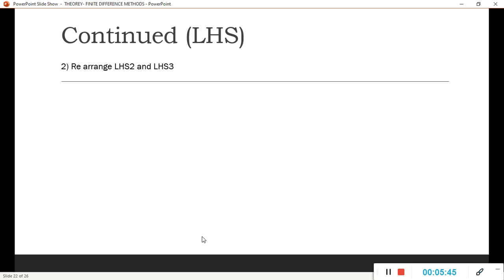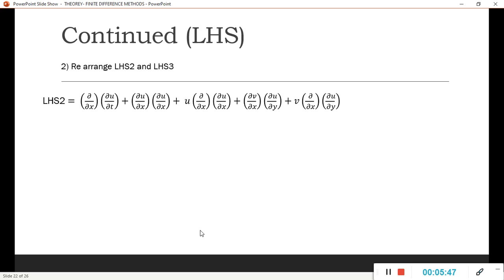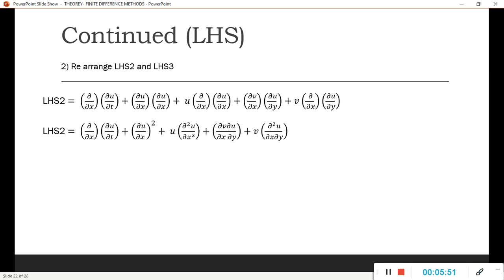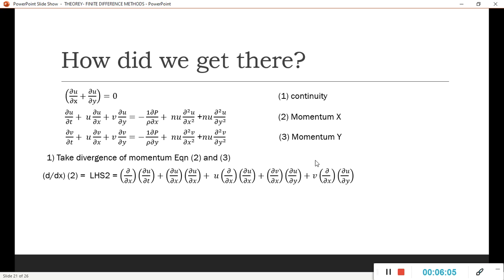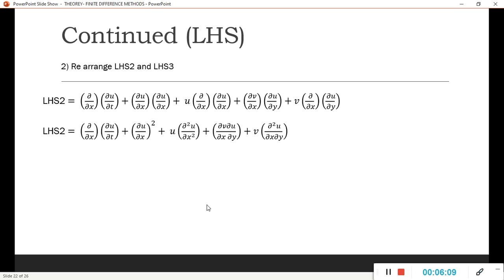And moving on, now it's time for us to rearrange. Upon rearrangement, this is initially how it looked. ∂/∂x of ∂u/∂t remains the same. So ∂u/∂x appears twice, which is coming from here, so it becomes a squared term.